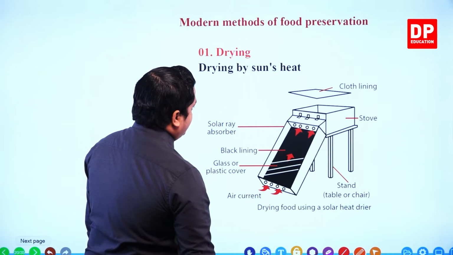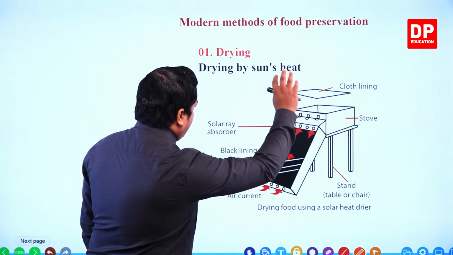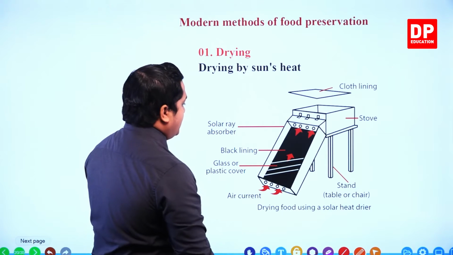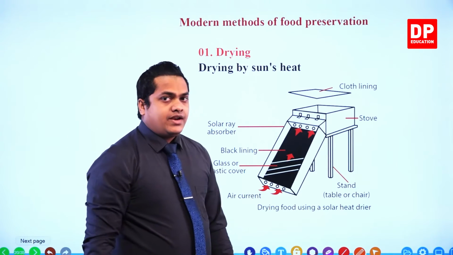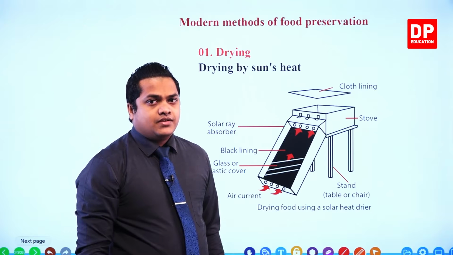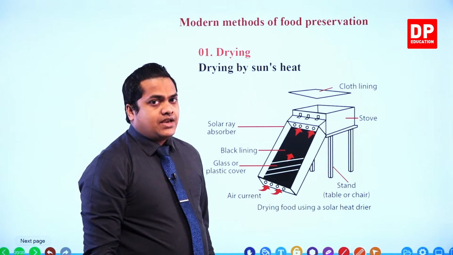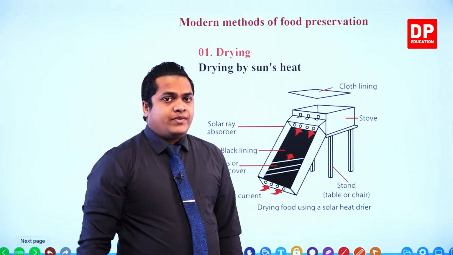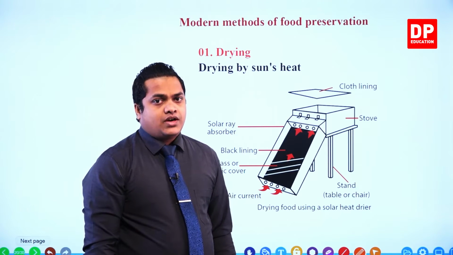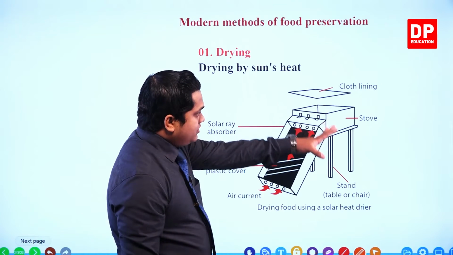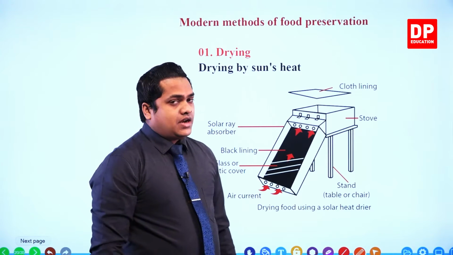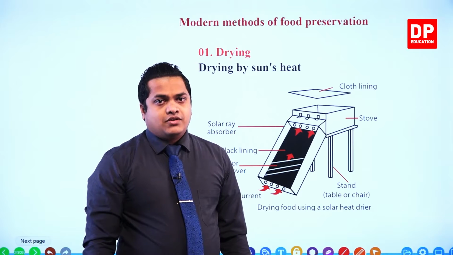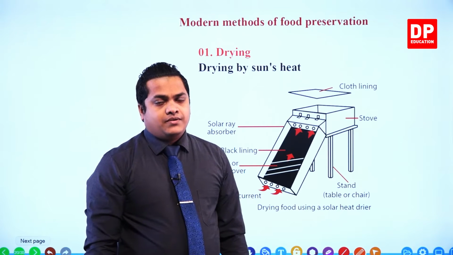You just need to add all of the stuff to the stove and keep it under the solar radiation or solar heat, where you can get plenty of sunlight. All the other things will be automatically conducted by the solar dryer. As you close this, other external factors are not going to affect it at all.